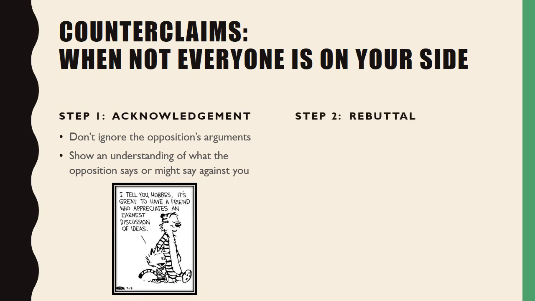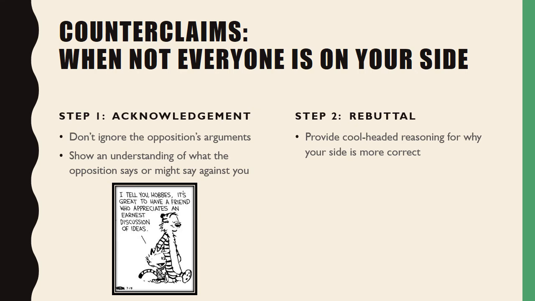Step two then is the rebuttal. Once you have acknowledged them and shown that you understand them, then you can rebut against them. This is especially for when you think that their side is wrong and ridiculous, but you've already shown that you've acknowledged them, and now you can take it to the next level. The first thing you should do in your rebuttal is provide cool-headed reasoning for why your side is more correct.